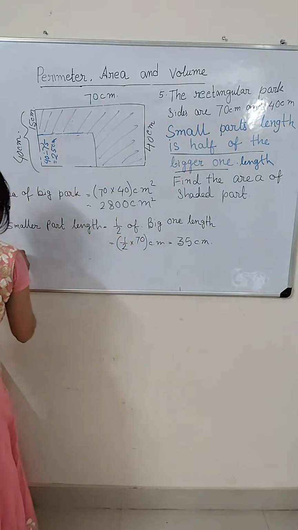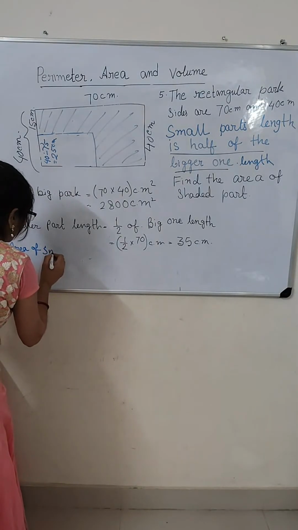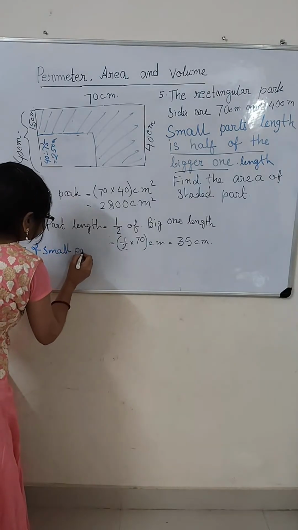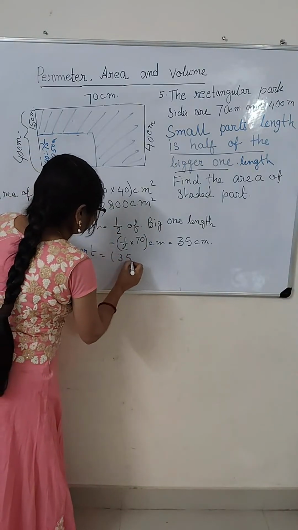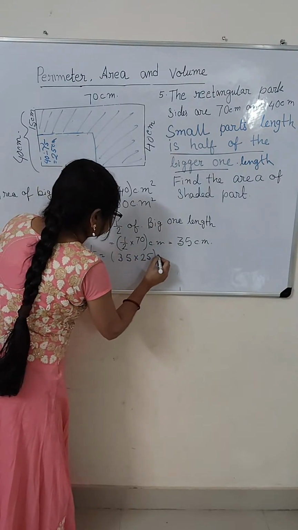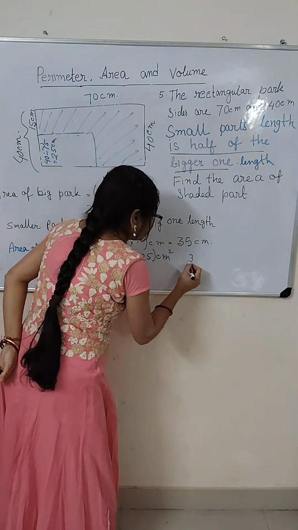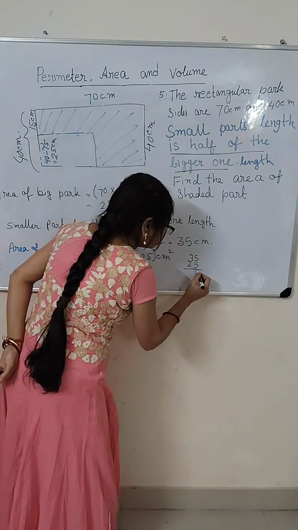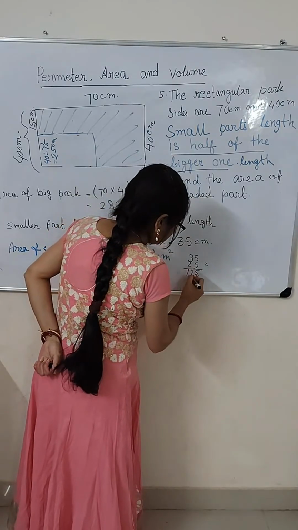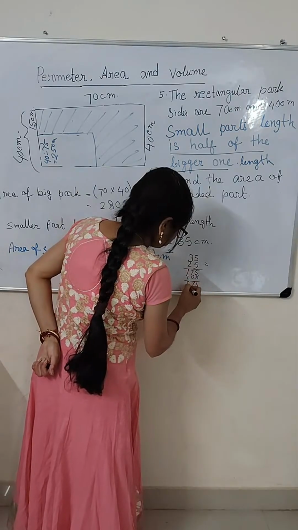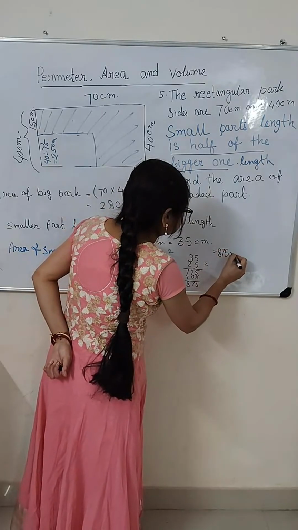So I write the area. Area of small part: 35 into 25 centimeter square. 35 into 25, you multiply. 875 centimeter square.